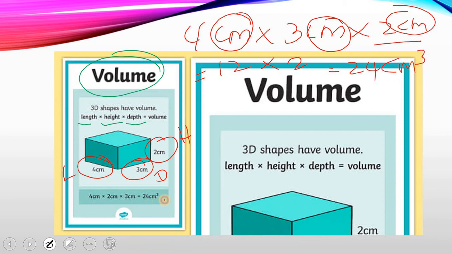So jawapan dia dapatlah 24 cm 3. Okay, you have to remember the formula of volume is length times height times depth ataupun width. Tinggi darab dengan lebar darab dengan panjang. Okay, dan disebabkan we have 3 cm, so jawapan dia mestilah cm 3.